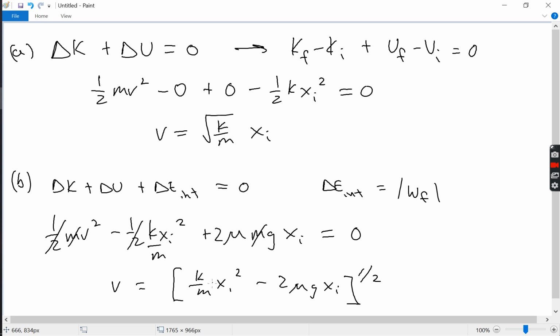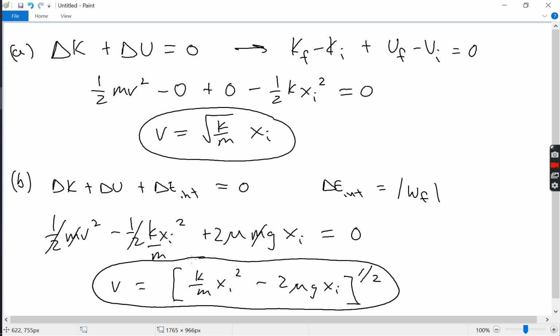So we have our original term, but we're subtracting off this term, which makes sense compared to our original solution because it should be going slower if it lost some of its mechanical energy due to friction. So those are our two solutions for parts A and B to example 1.